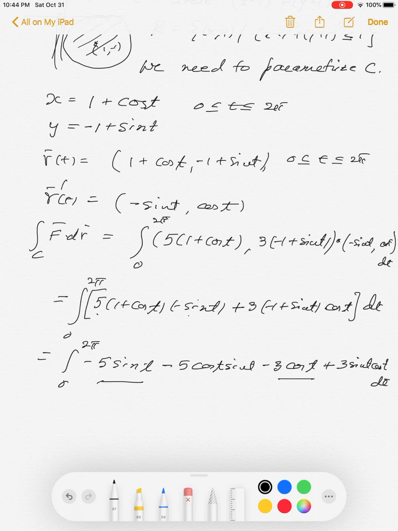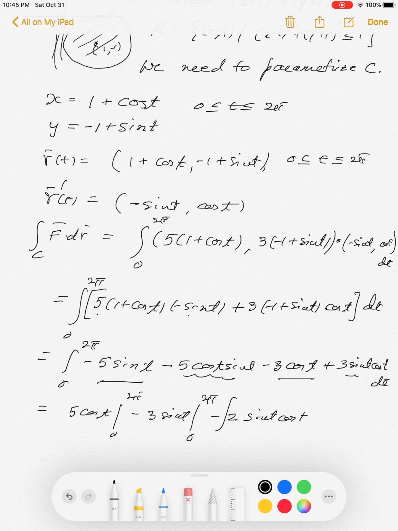So let's see what that turns out to be. If you integrate cos t and sin t, this is going to give you 0, isn't it? Because this will be minus 5 cos t, the integral of sine is minus cos, so this will give you plus 5 between 0 and 2 pi. Similarly, the other one will give you minus 3 sin t from 0 to 2 pi.